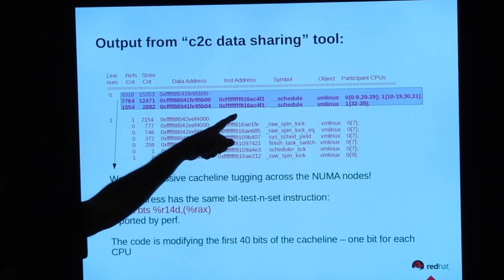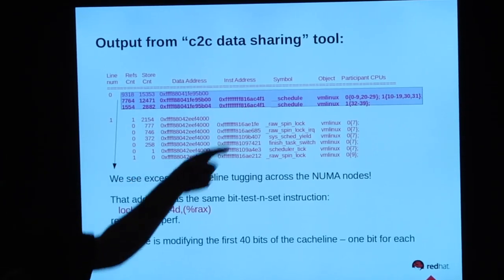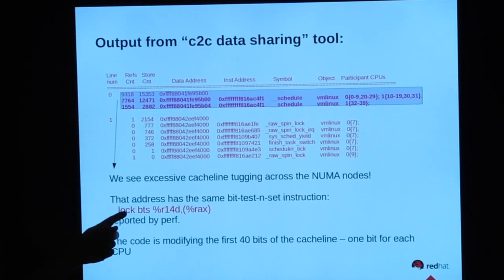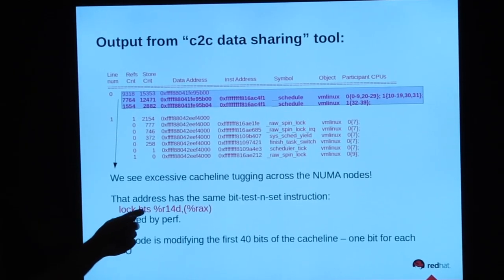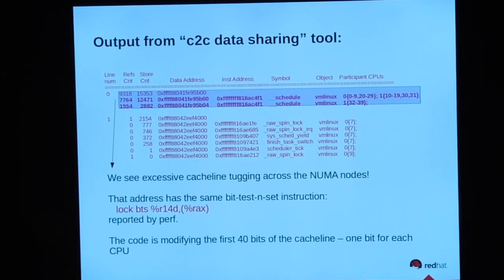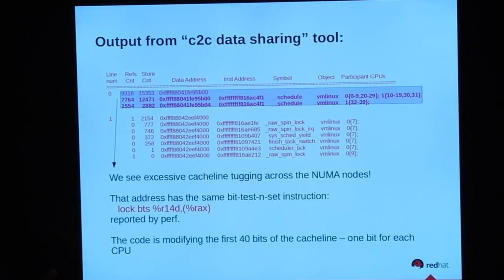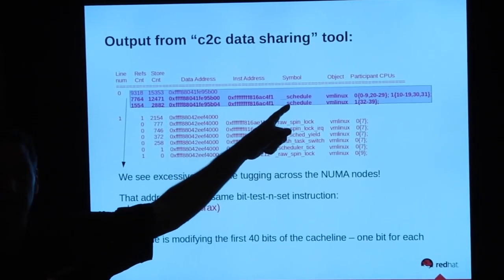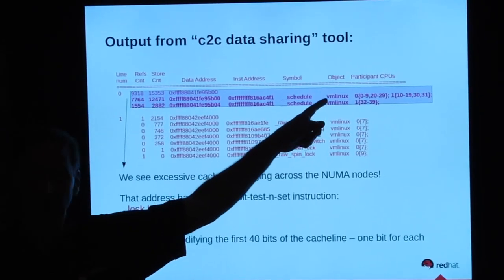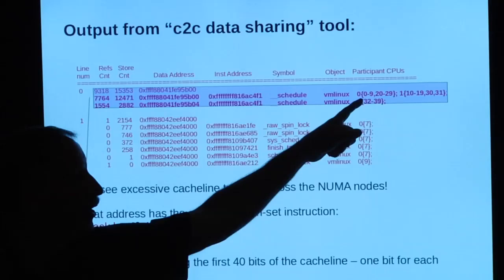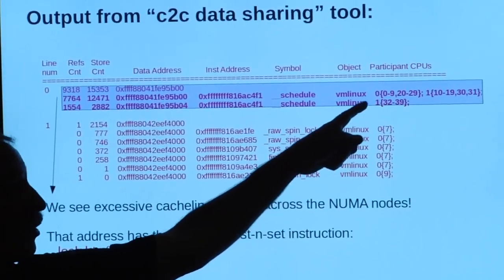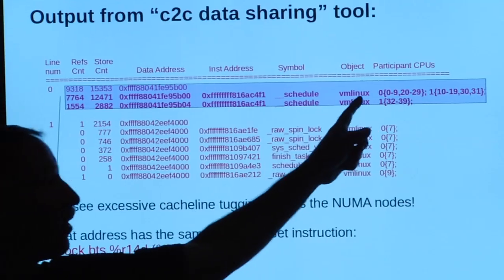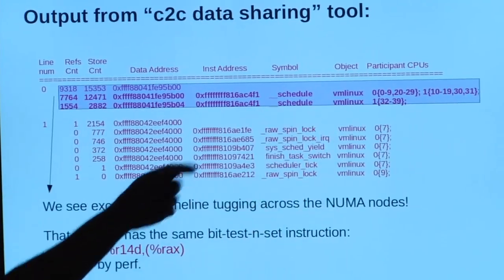It's one instruction in the scheduler, and when we looked at that one instruction, it was the locked bit test and set instruction. And by the way, this also showed us it's the kernel scheduler, running from the kernel, and here are all the CPUs it executed on. And we can see that the kernel scheduler is running on every CPU in the entire box.